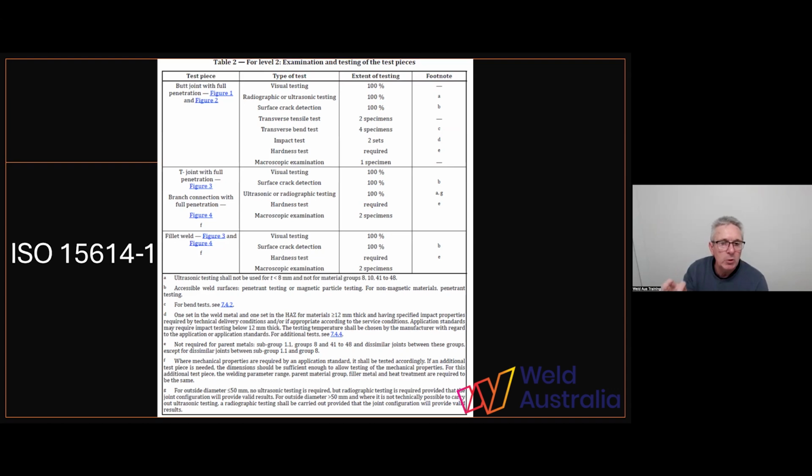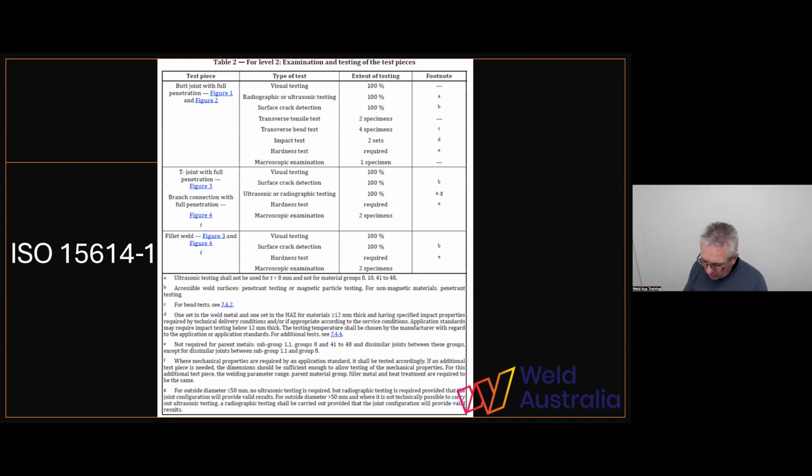But remember what we're doing here is we're developing a WPQR. 9606 is welder qual. So we are now looking at a range of qualification that we can also have on our WPQR. And then the 9606 is a separate range of qualification for that operator. All right.